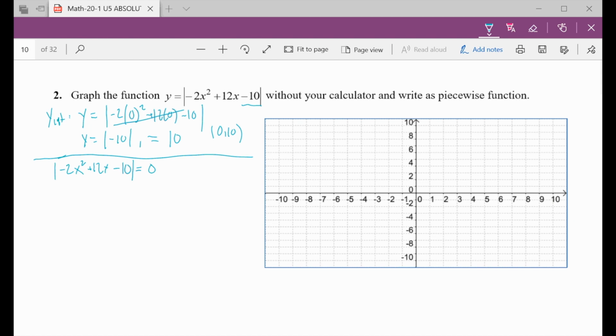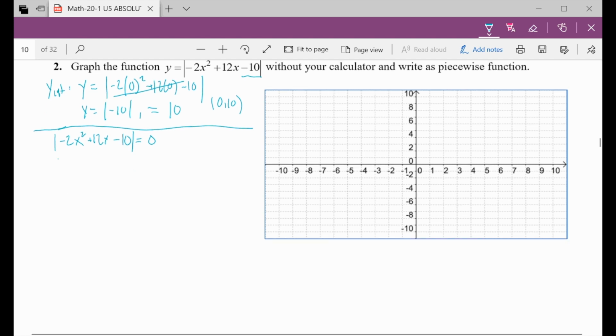We know that the zeros or x-intercepts of a function are the same as those of its absolute value. So we can just ignore the effect of the absolute value signs here because they'll have no effect on anything.